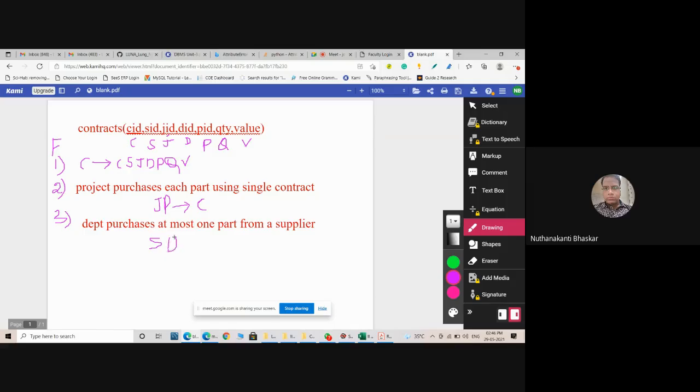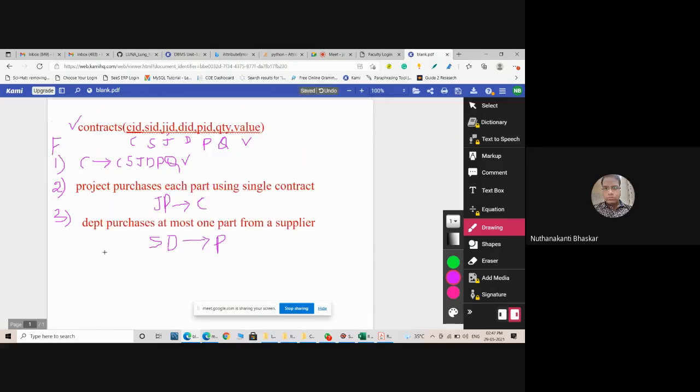Supplier, department determines part. Means they are compulsory: which part, that part ID, is decided by the supplier who is going to supply and the department that is doing it. So that must be done only based on the supplier and department. These three functional dependencies come from the relation.